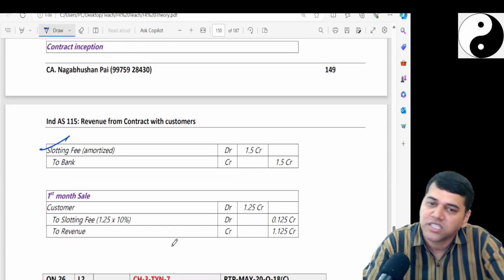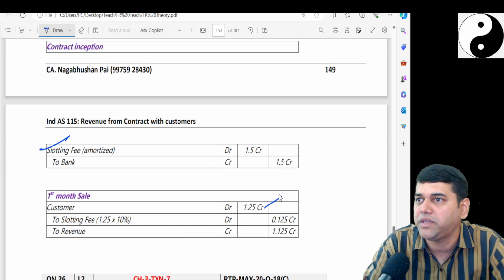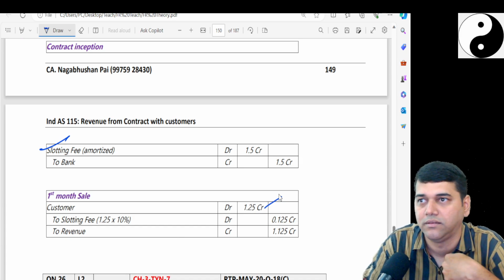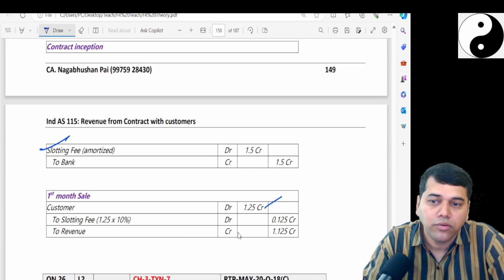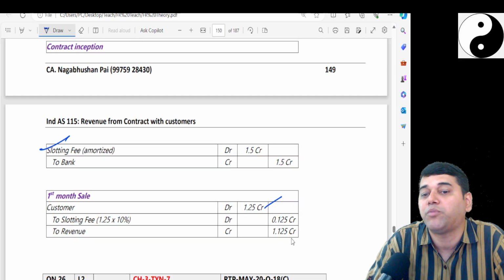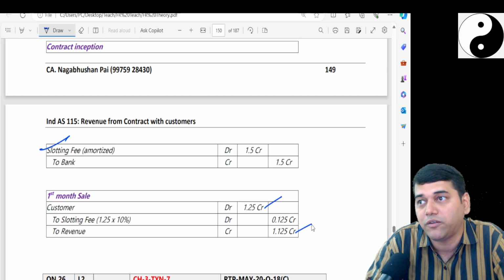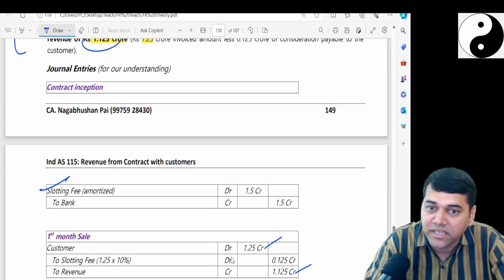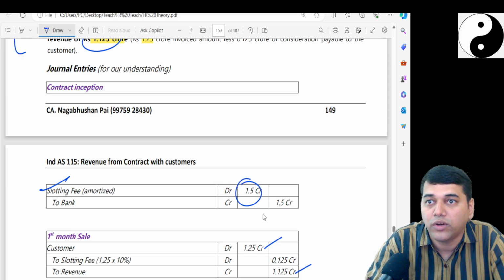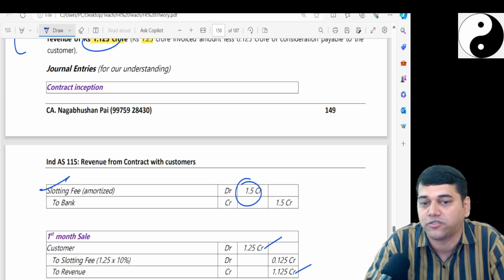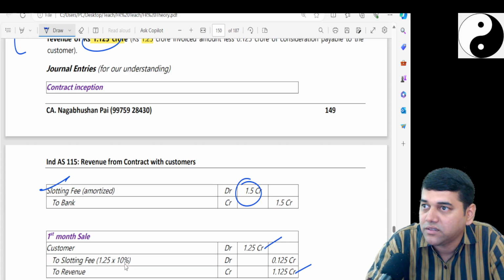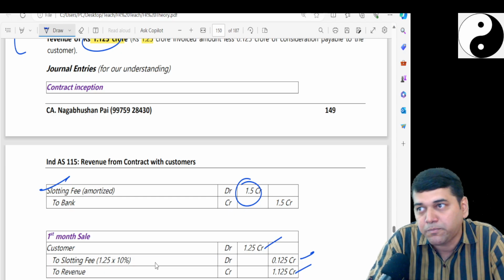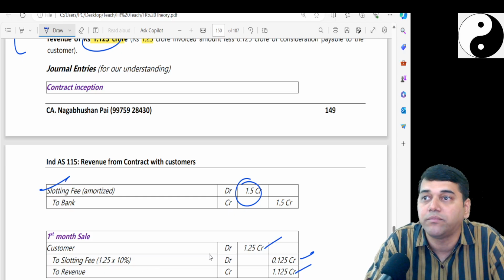I will debit the customer 1.25 only, because that much he purchased from me, he has to pay me. Now, how much will I recognize as revenue? Not 1.25. I will recognize 1.125, because that slotting fees I paid, I will amortize over the next 15 crores worth of purchases. So instead of taking it to the P&L account as an expense, I will net it off from the revenue.